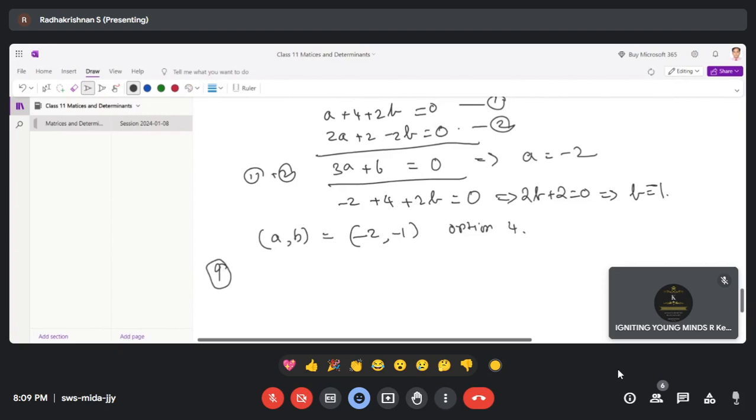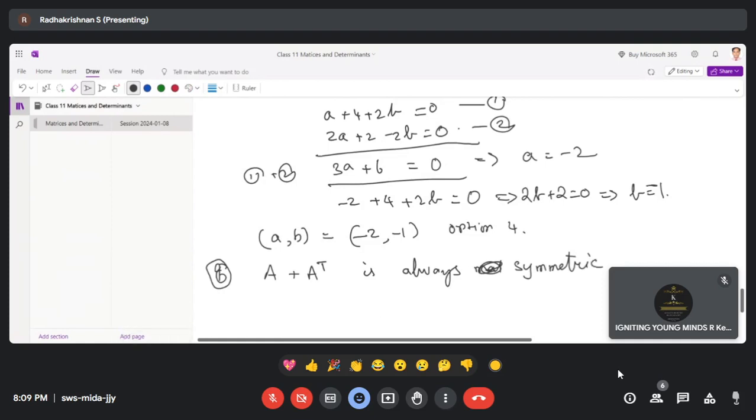A plus A transpose is always symmetric. For any square matrices, A plus A transpose will be symmetric. What is symmetric?